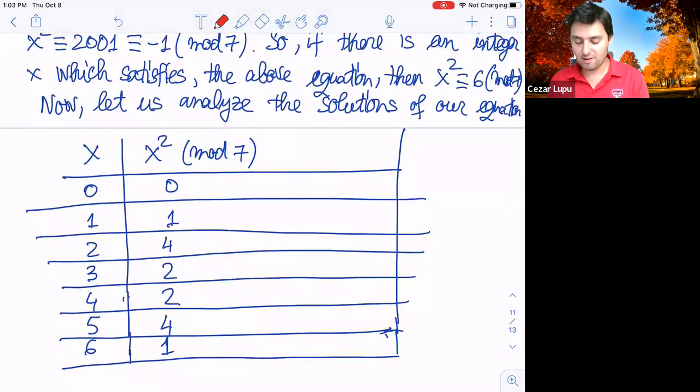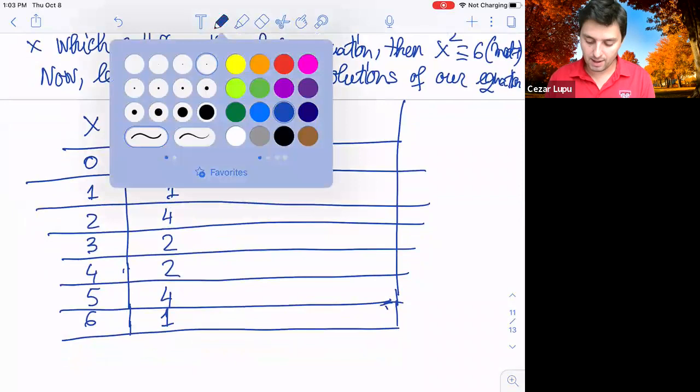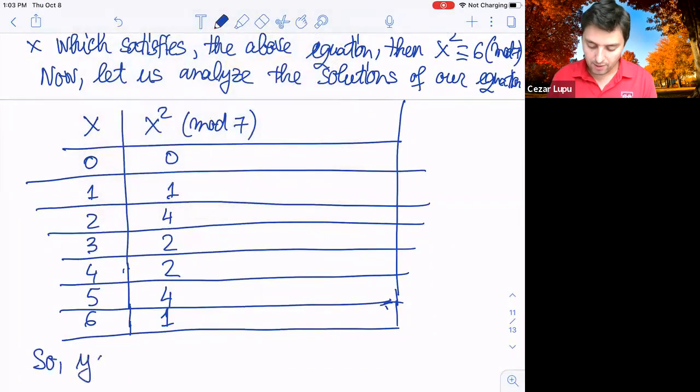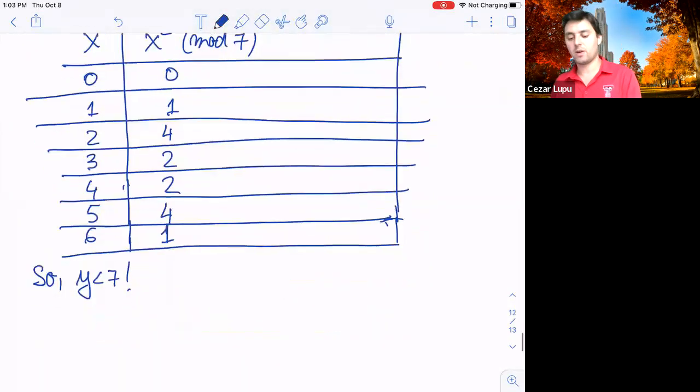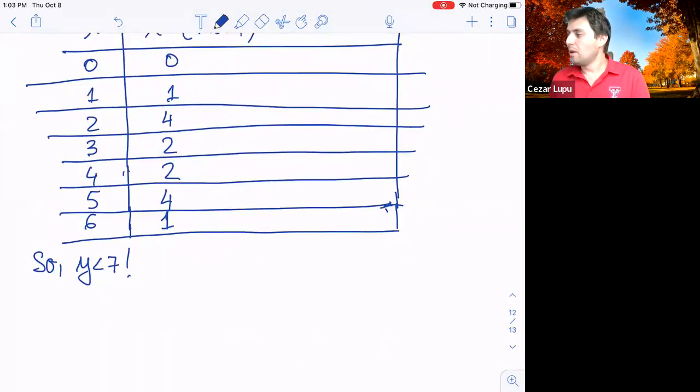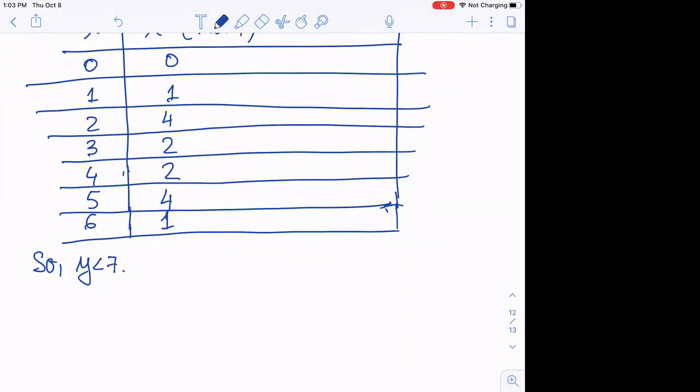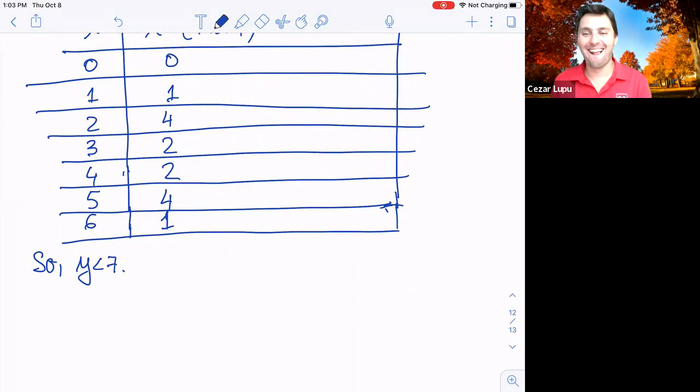I don't see any 6 here, so x squared cannot be congruent with 6 mod 7, or negative 1 mod 7. I only have these values, so therefore this implies that y is less than 7. Usually this is how you study these kinds of equations. Now, to make myself clear, it's not 7 factorial, it's just y strictly less than 7.